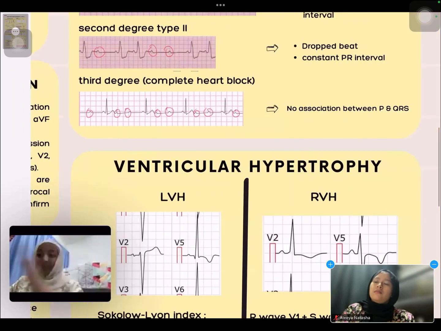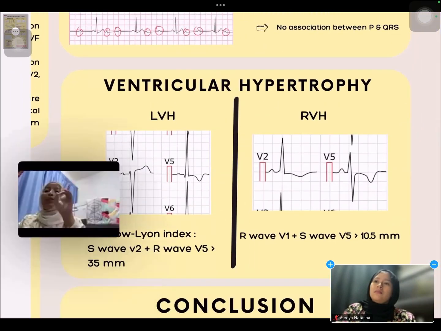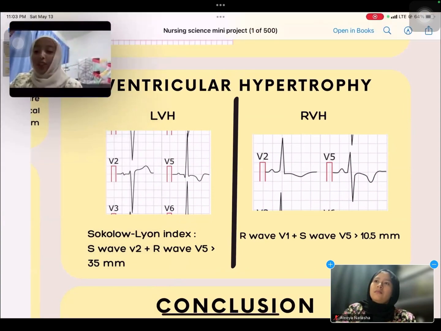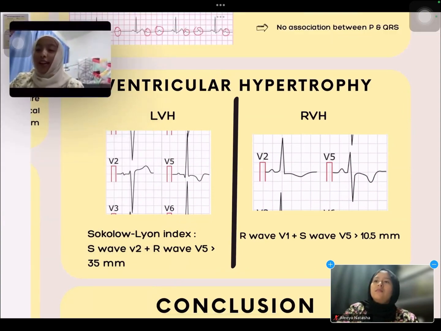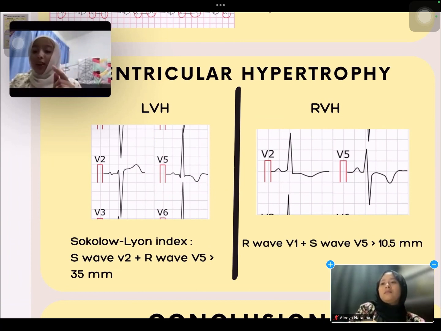ventricular hypertrophy. So there are two types of ventricular hypertrophy, which is left ventricular hypertrophy and right ventricular hypertrophy. So as you can see, both of these are conditions that happen because of pressure overload due to a secondary condition such as aortic stenosis and hypertension.